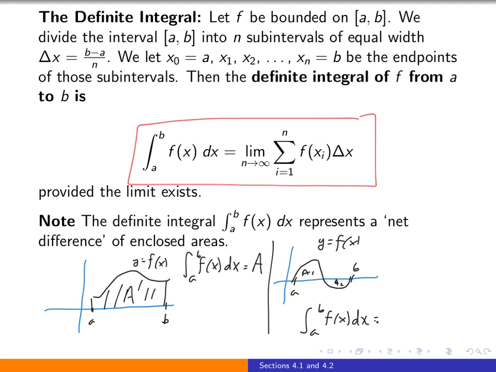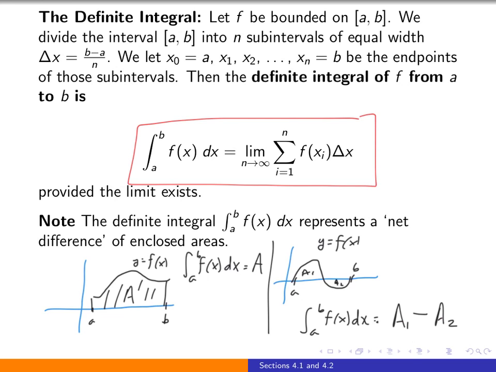It's the area enclosed by the function above the x-axis, A1, and we subtract away the area enclosed underneath the x-axis, so A2. So we have this very, very nice geometric interpretation that a definite integral represents a net difference of enclosed areas. So area above the x-axis minus the area enclosed below.